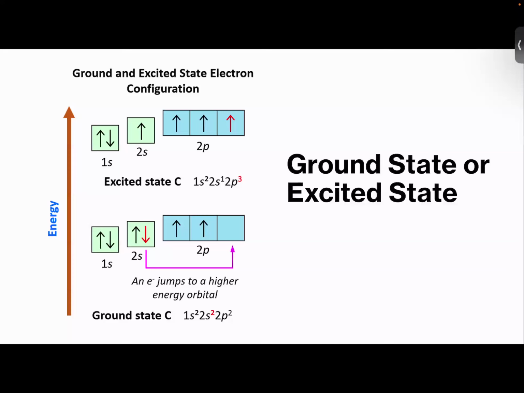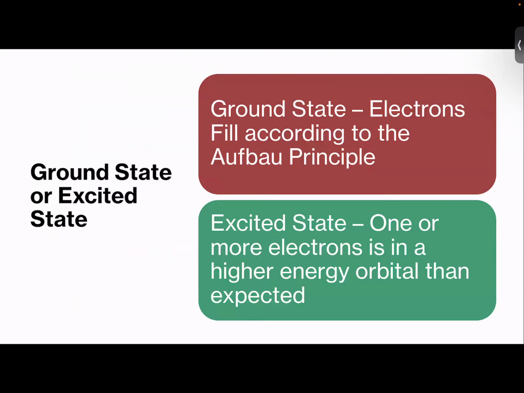Here's an example of carbon. We did carbon earlier, 1s2, 2s2, 2p2. But if I take that electron in the 2s and I promote it to the 2p, because it's not one of my anomalies, now I'm in an excited state. So ground state just means that the electrons fill according to the Aufbau principle.